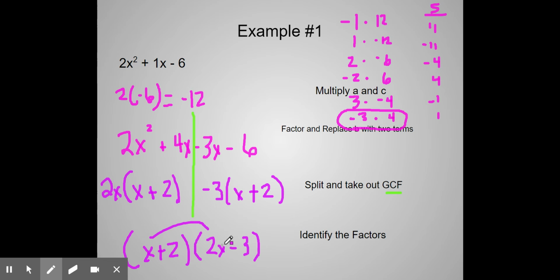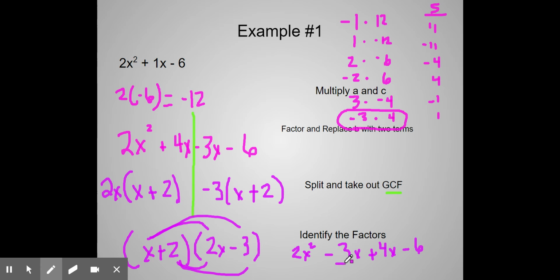So x times 2x is 2x squared. X times -3 is -3x. 2 times 2x is going to be +4x. Now, hopefully you can see that is in the middle. They're just written in different orders, which is totally fine. Then 2 times -3 is -6.